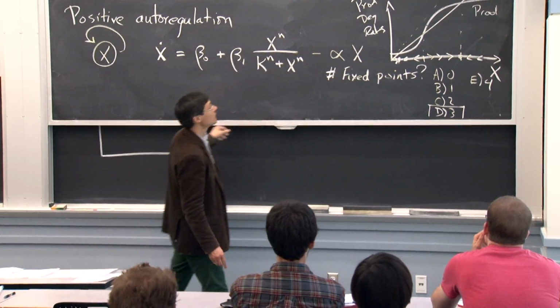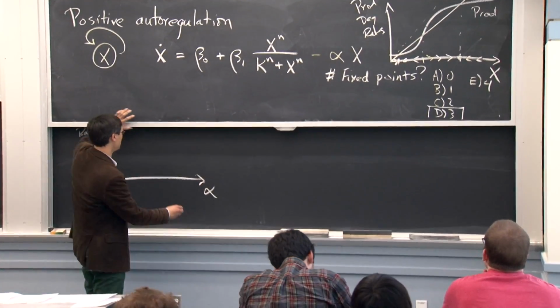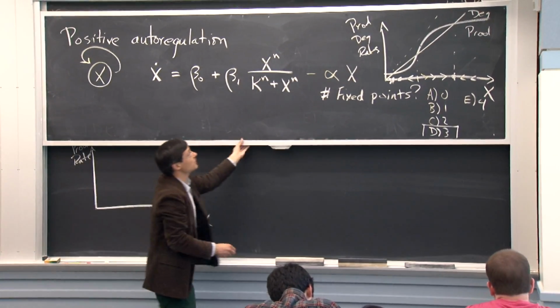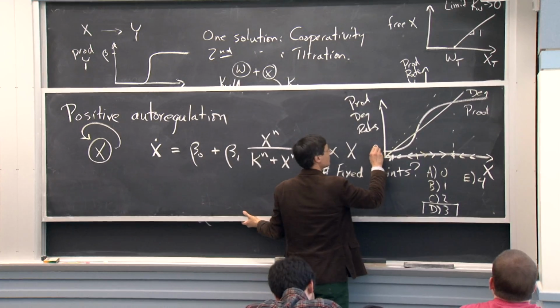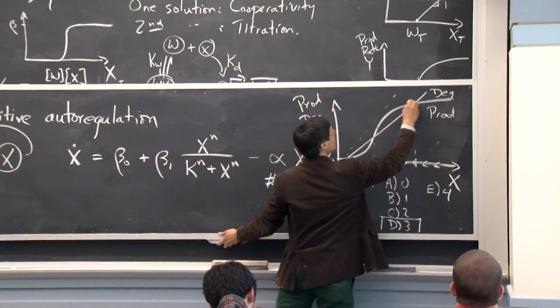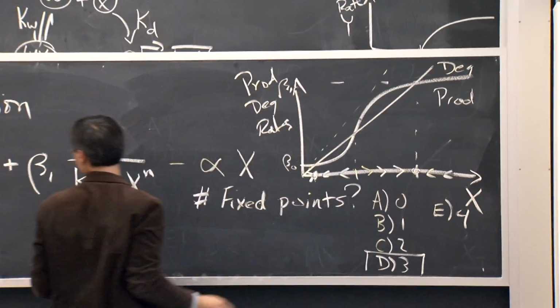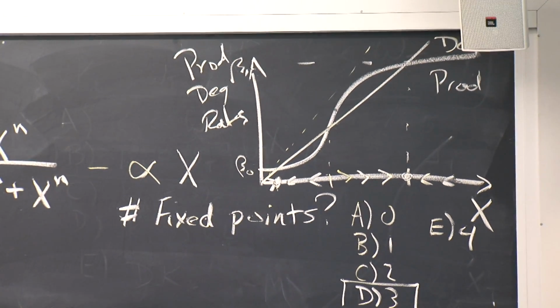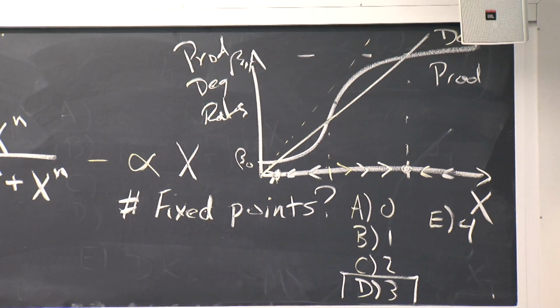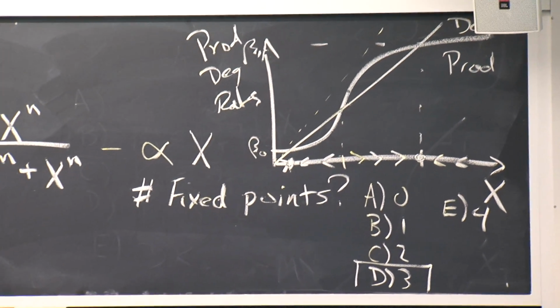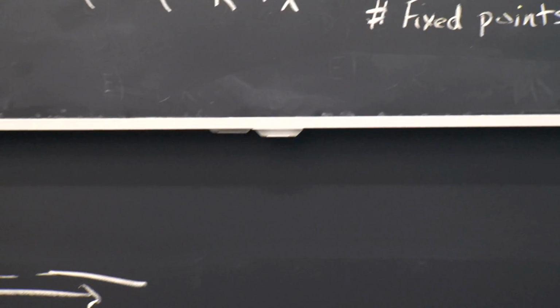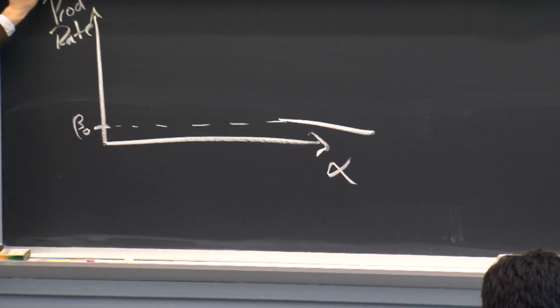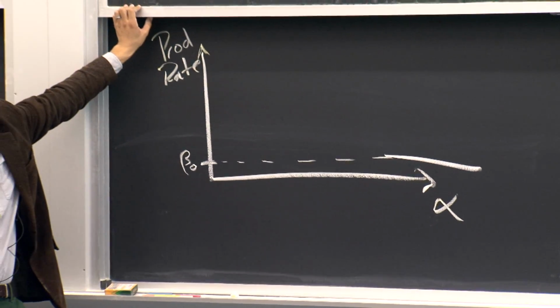So for large alpha, you end up at the lower value, and just to be clear, this is beta naught down here, and up here is beta 1. We know that beta naught is where we end up for large alpha. Now for small alpha, do we get another bifurcation?